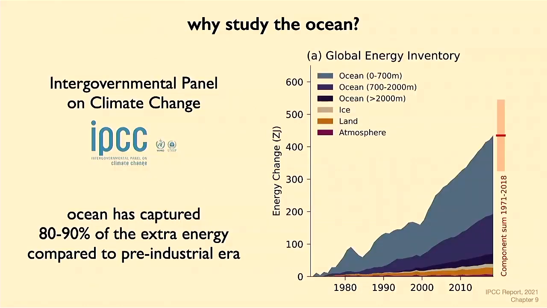And why the ocean? That's another motivation, a bit less based on artistry or how the Earth looks from above. This is a graph that was in the last IPCC report. If we ask ourselves, from the excess heat that has been produced in the Earth system since the industrial revolution, where is this excess heat?